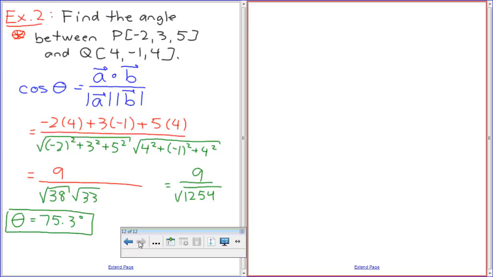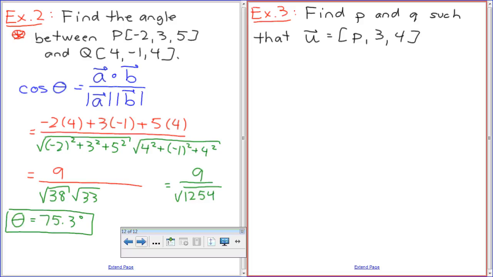So example 3 is going to be find P and Q. There's variables. Okay, because they're going to be coordinates of that here.